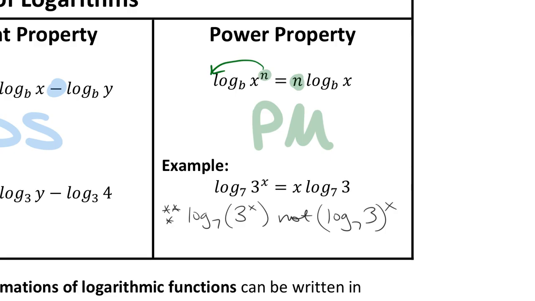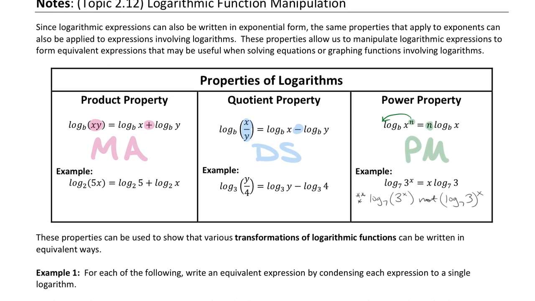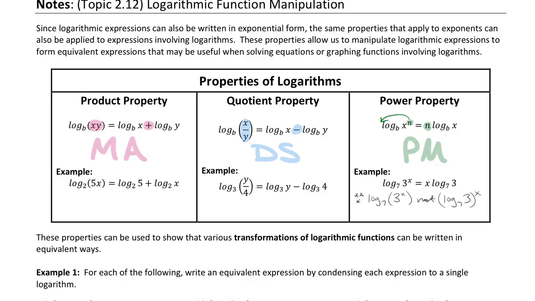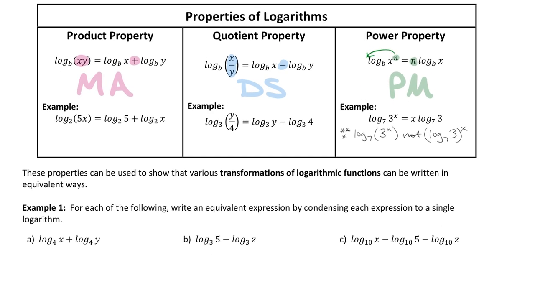Fabulous. So our job today is to be able to manipulate these logarithmic expressions and write them in different formats. Eventually these properties allow me to relate one logarithm to another using transformations that we learned back in Algebra 2 and earlier in this class, and find that various transformations of logarithmic functions can be written in multiple ways.